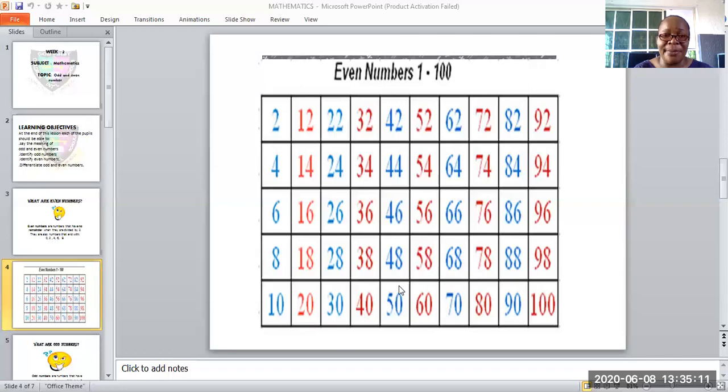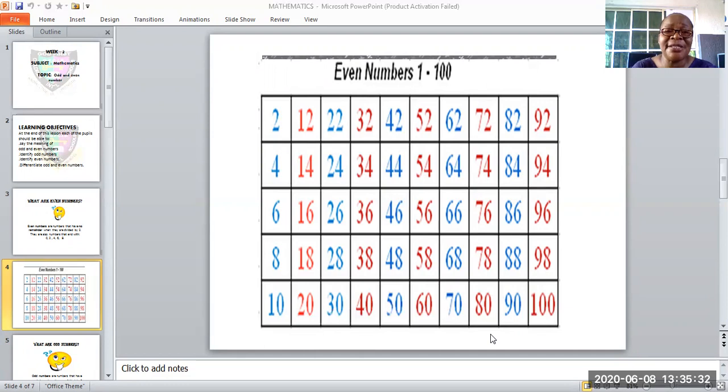Now we look at number 10, which ends with 0: 10, 20, 30, 40, 50, 60, and so on to the end. These are numbers that are called even numbers.